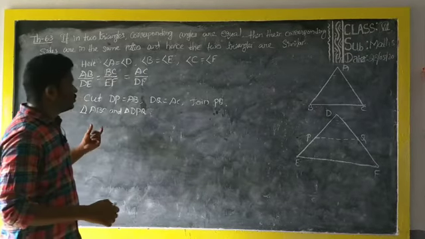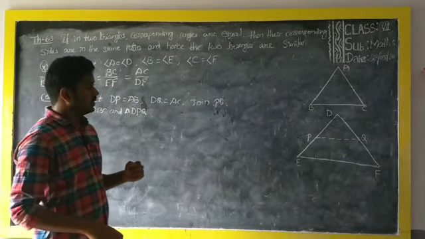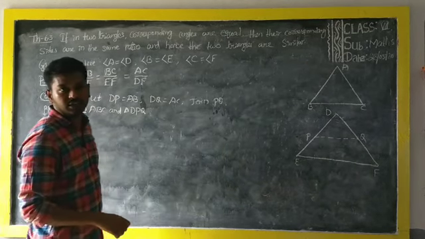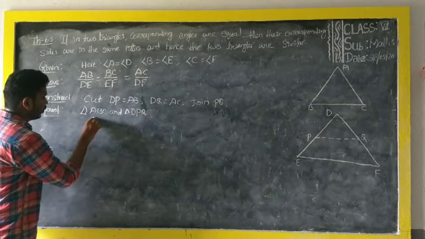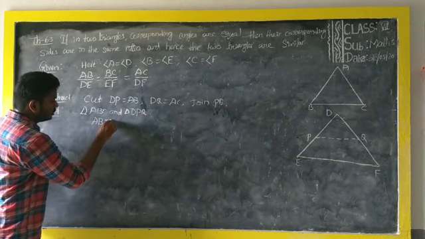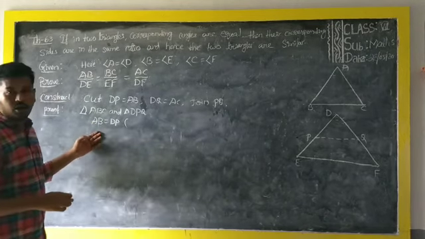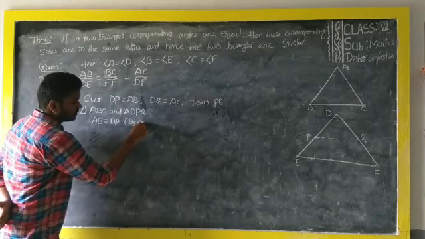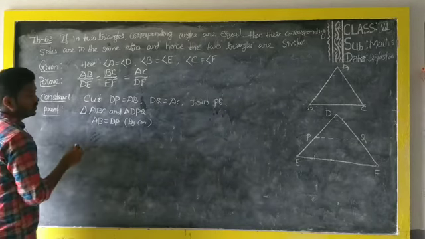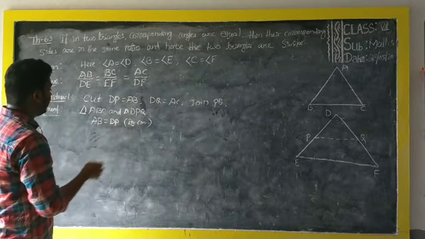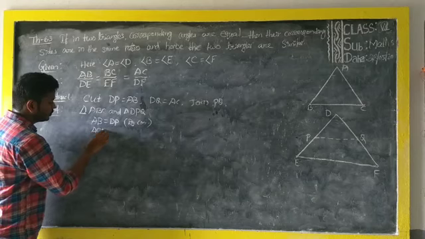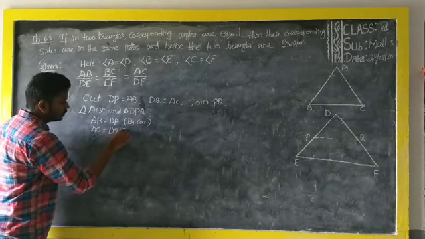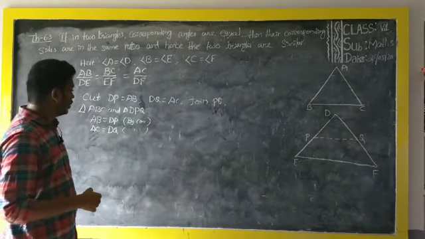Let us check the congruence of these two triangles. What are the equal parts? Here AB equals DP. How is it equal? By construction. And what other side is equal? AC equals DQ. It is also by construction.